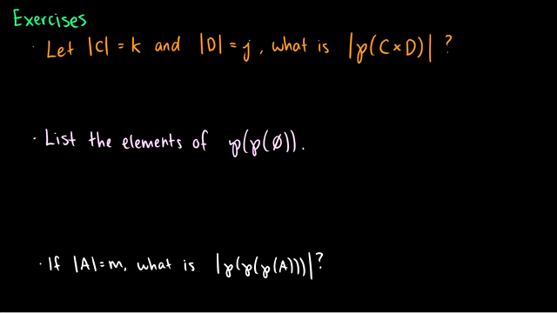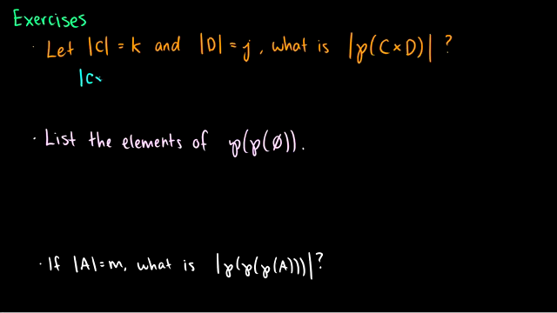Okay, so let's just do some exercises. I'm not looking forward to the second one, but we can do the first, second, and third. The first one says, let the size of C equal K, and the size of D equal J. What is the size of the power set of C cross D? Okay, well, let's remember.